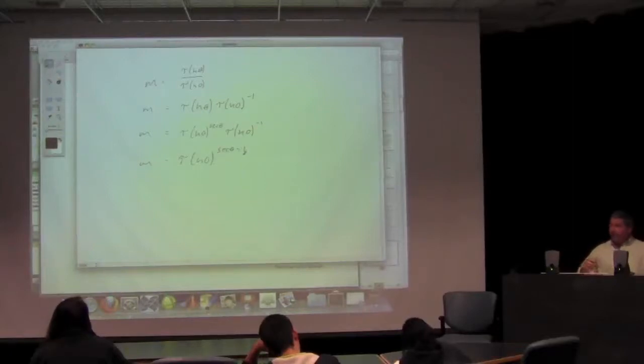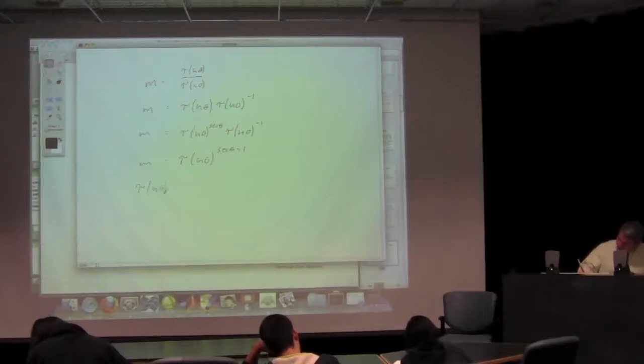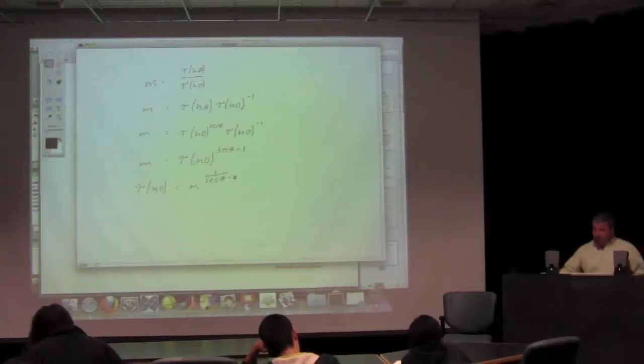Then if we take the secant theta minus 1 root of both sides, we wind up with tau_H0 equals m to the 1 over secant theta minus 1. That's the equation that's presented in the book.